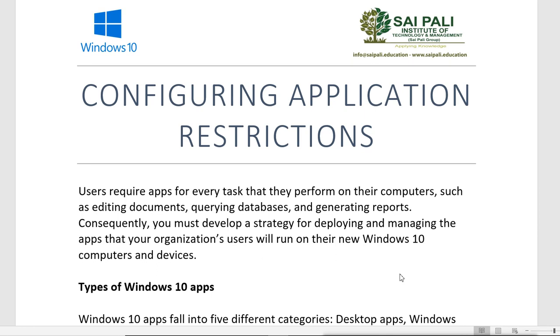Whatever the users do, they do with applications. Whenever they want to create data, edit data, or anything else, they have to use some kind of application. So we have to make a proper strategy for developing and managing the apps.